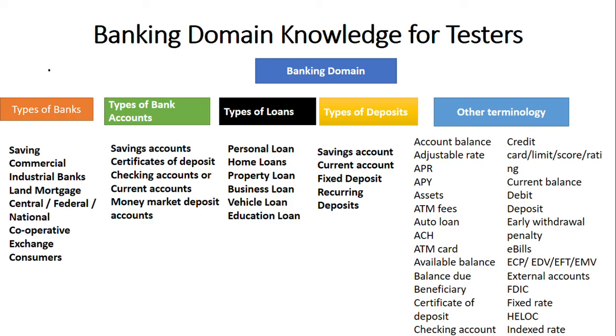These are some basic concepts you have to gain knowledge of. So this is about the banking domain. As a tester you can practice by writing some test cases for a banking related project.